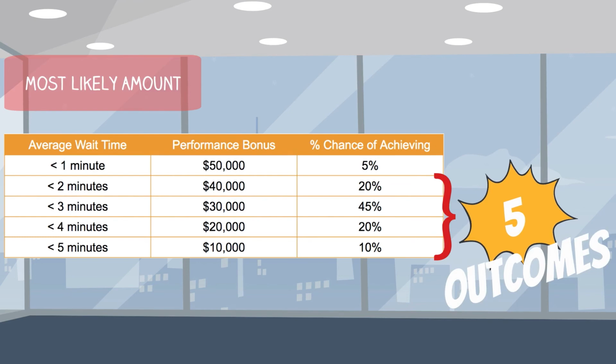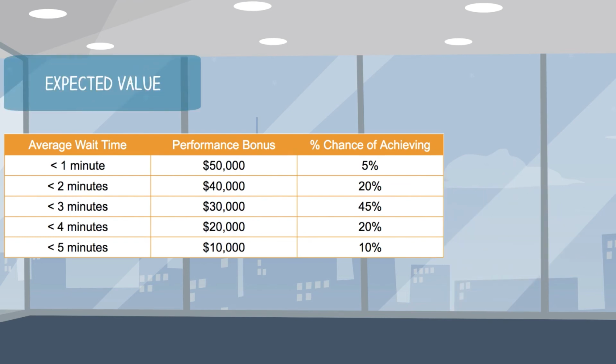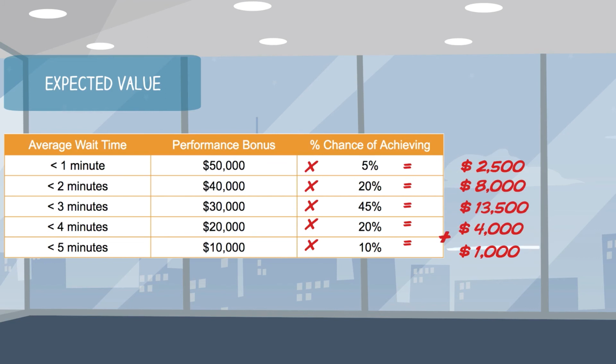Therefore, you may determine that the most likely approach is not the best methodology here, and instead use the expected value approach to estimate the bonus amount. Under the expected value approach, we calculate the weighted average of the various possibilities. Under this approach, we estimate variable consideration of $29,000 to be included in the transaction price.